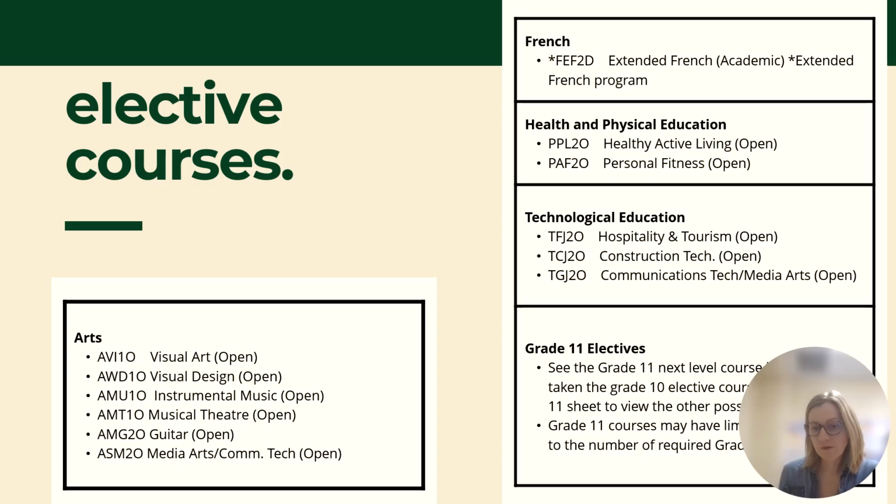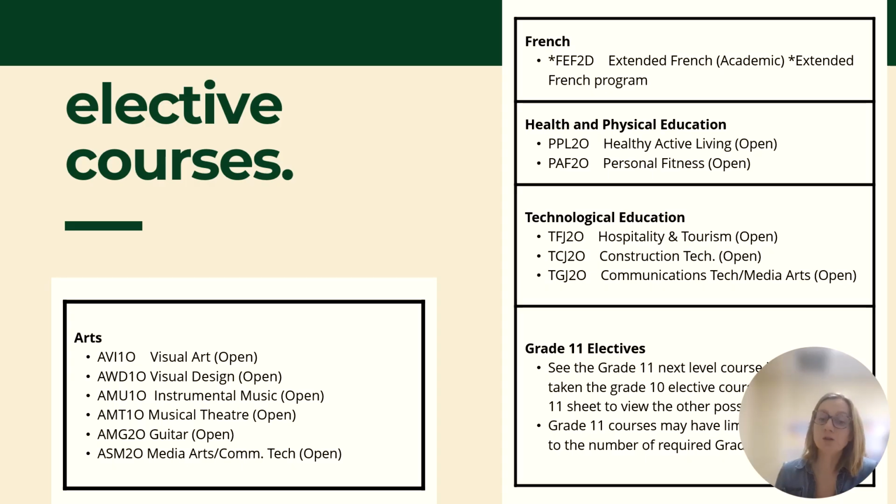Okay, the second kind of visual art we have is visual design, AWD10. This is going to be our first time offering it if there is enough interest. It goes hand in hand with musical theater. Visual design is making the sets, the props, costumes, makeup, all of that sort of stuff.